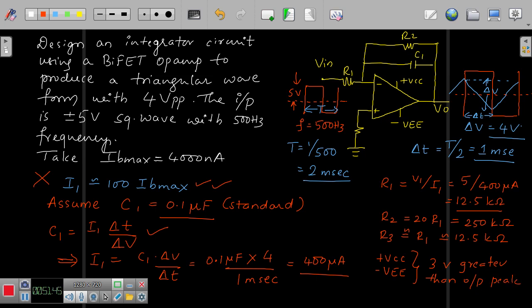So that means your plus VCC, what is the value of output? 4 volts peak to peak, is it not? So it should be at least greater than 7 volt, and VEE should be less than minus 7 volt. This is one thing you should always keep in mind in order to avoid the saturation.